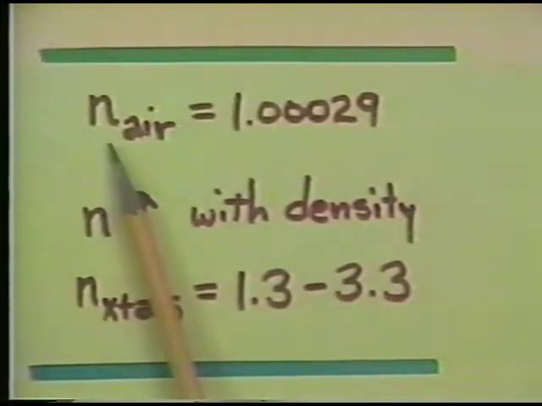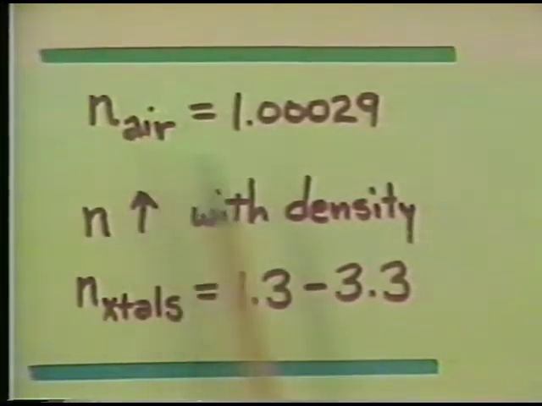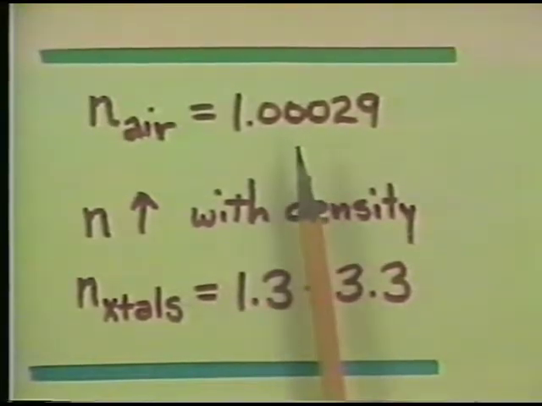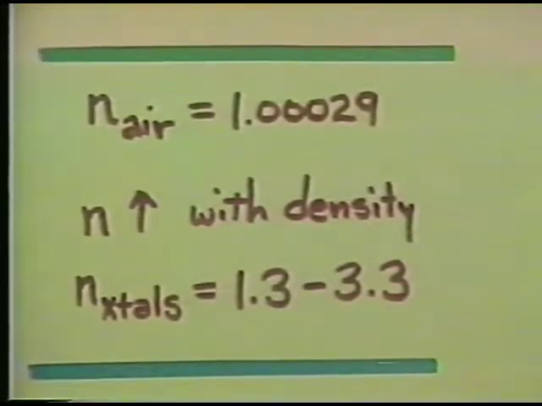It depends on other parameters too, but density is the simplest single parameter to think about that has a strong influence on the index of refraction. For example, the index of refraction of air is almost exactly 1. And air is not very dense. It does very little in terms of slowing the velocity of light, and so the velocity of light in air is nearly identical with its velocity in a vacuum.